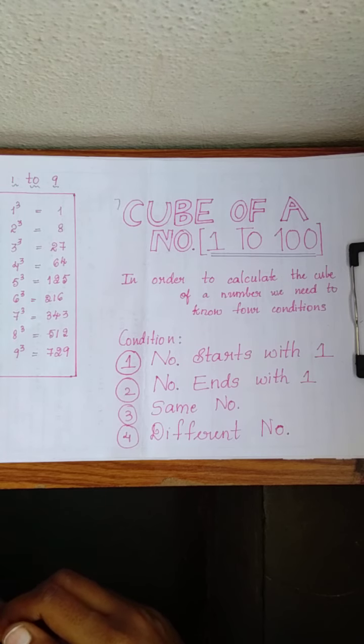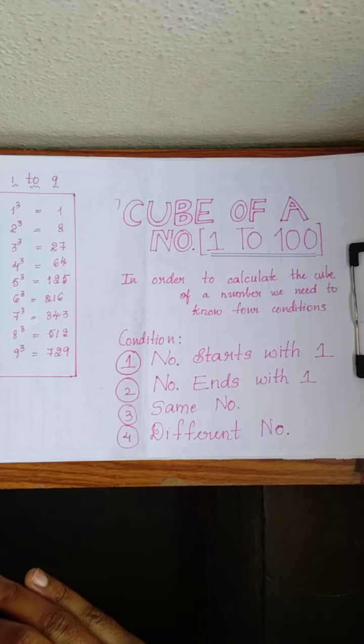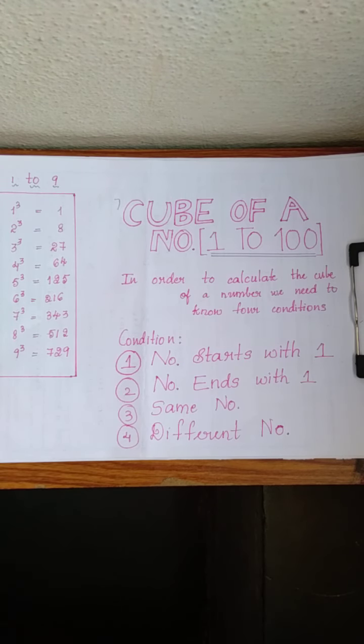And we have 4 conditions. Don't worry, these conditions are very easy. You can do the cube of any number in a fraction of seconds, and it will be helpful in your government exams, competitive exams, and even in class examinations.